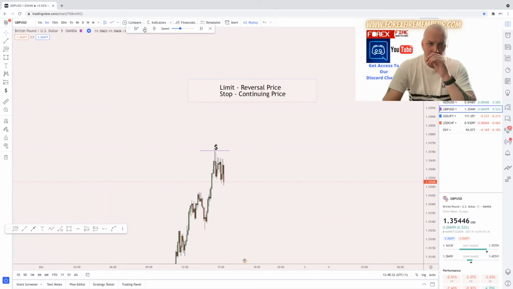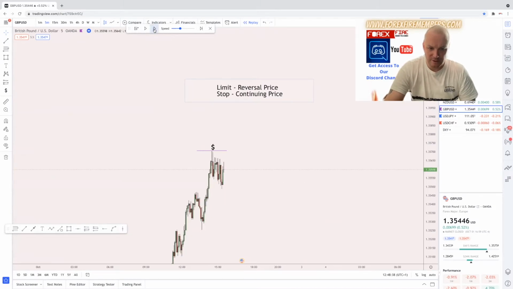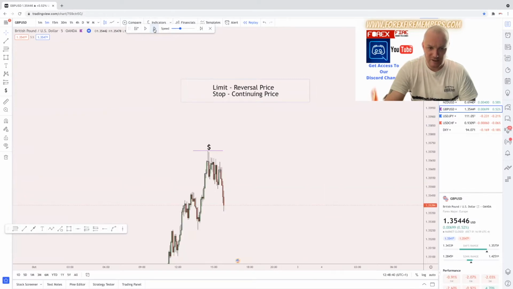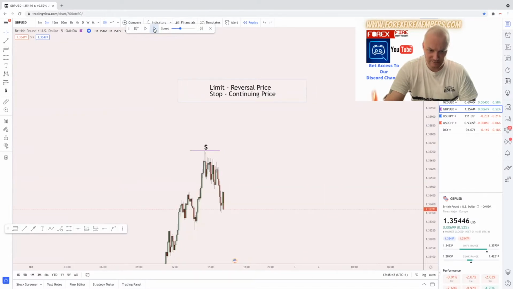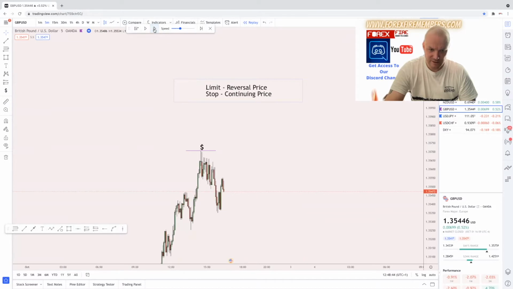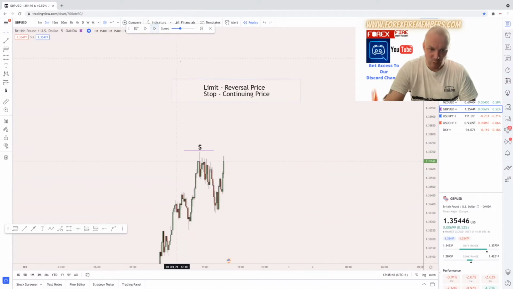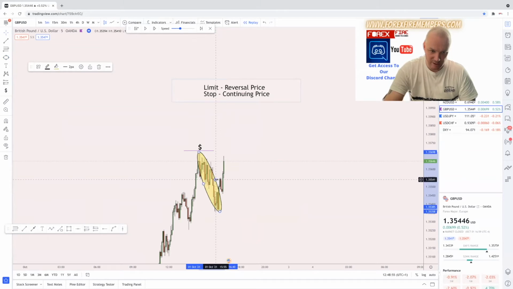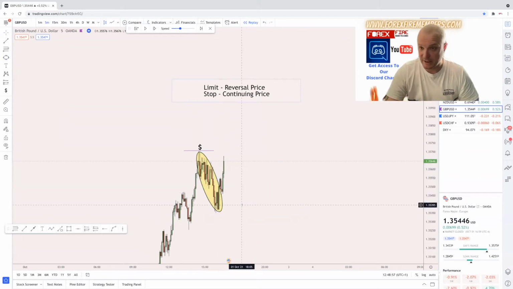If we play the bar forward a couple, as this comes down, we've got a price range, and a swing point has been formulated.